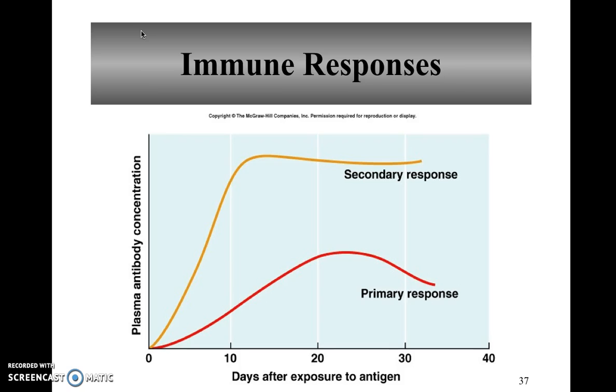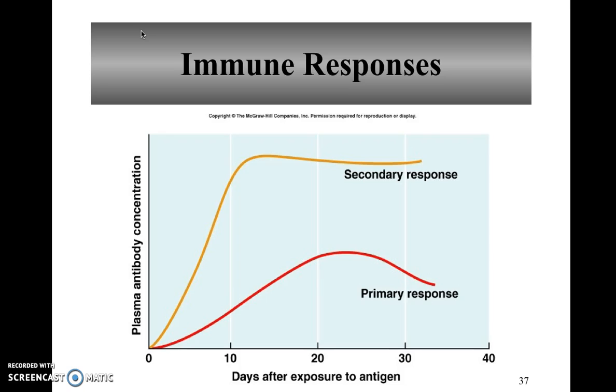And basically, because you have the memory cells, your body can respond much more quickly and much more strongly to the same antigen if you get exposed to it again. This is why once you get exposed to a particular pathogen, either through just the natural course of your life or through vaccination or immunizations, you don't get sick if you get exposed to the same pathogen.